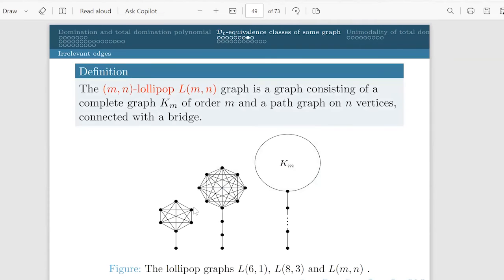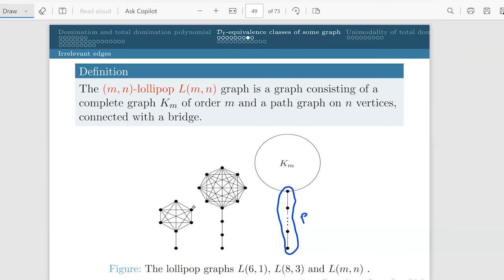Okay, so we have this theorem for the total domination polynomial of H3 using irrelevant edges. As another result and consequence, consider this specific graph, the lollipop, which is denoted by L, m, and n, and obtained from a complete graph K_m and a path on n vertices, where we join a leaf of Pn.